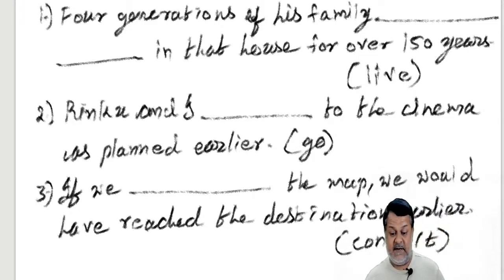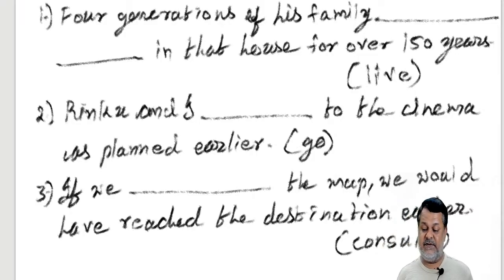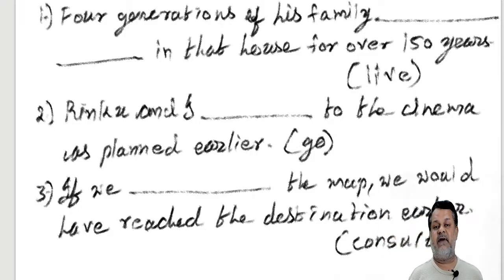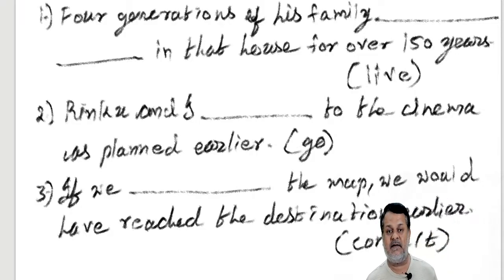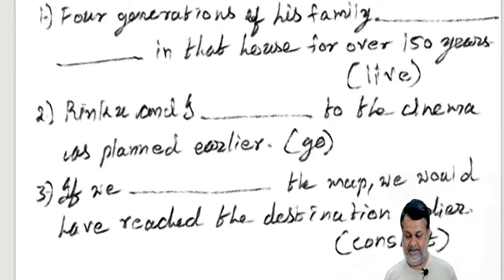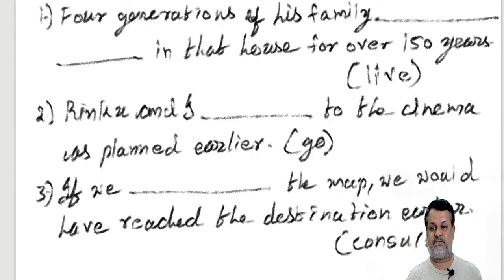So let's look at the first sentence. Dash for four generations of his family in that house for over 150 years. Which would be the correct tense to use here for the word live?